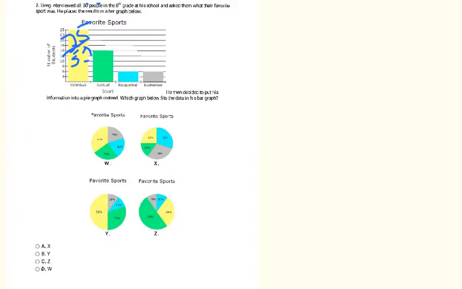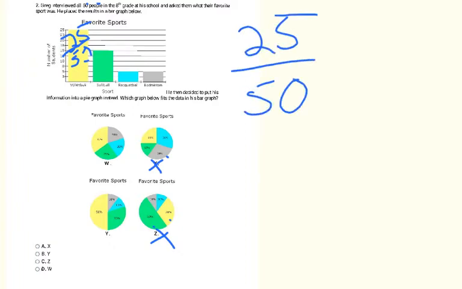So it's definitely not the largest amount in X because 30 is bigger than 25. In Z, 50 is bigger than 30. Now in W, 35 is the biggest percent and 50 is the biggest percent. But like I said, 25 over 50 is going to become 1/2. 1 divided by 2, or even 25 divided by 50, is 0.50.